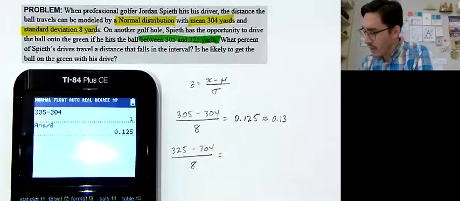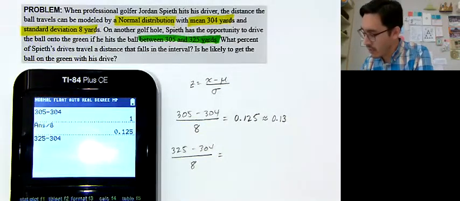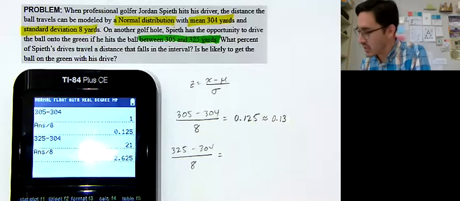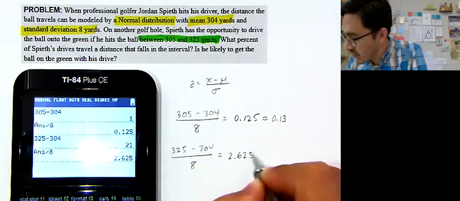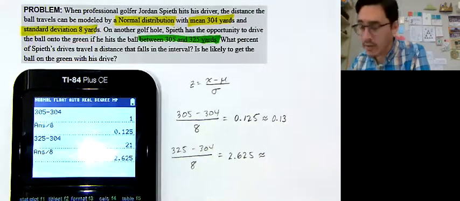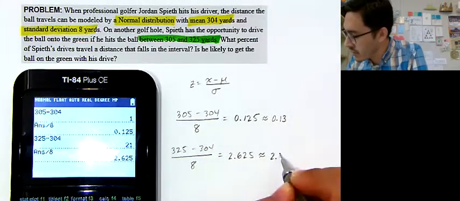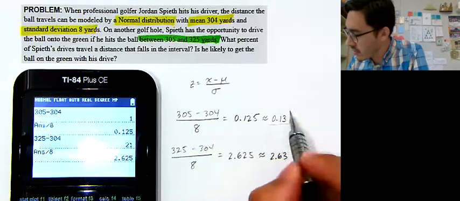The other z-score, 325 minus 304, is a raw distance of 21 yards. Divide that by an 8-yard standard deviation, and you're looking at a z-score of 2.625, which again, I'll round to 2 decimal places, 2.63.